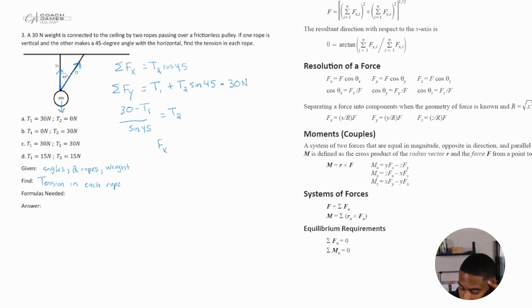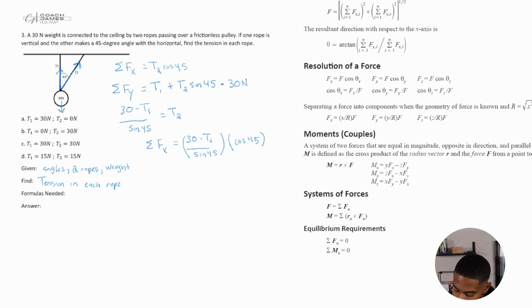So f of x is equal to sum of the forces in the x is equal to 30 minus T1 over sine of 45, okay, it's all in parentheses, and then if I want to multiply all that out by cosine 45.